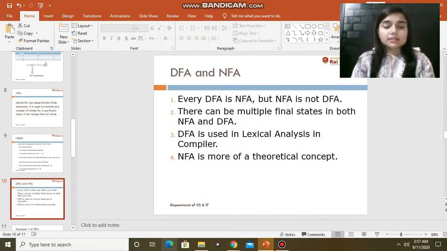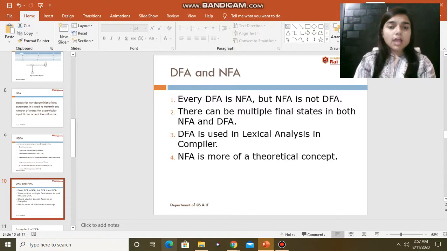Now let's see some facts about DFA and NFA. Every DFA is an NFA, but an NFA is not a DFA. If we talk about the power of the DFA and the NDFA, then both powers are the same, because NFA can be converted to a DFA.